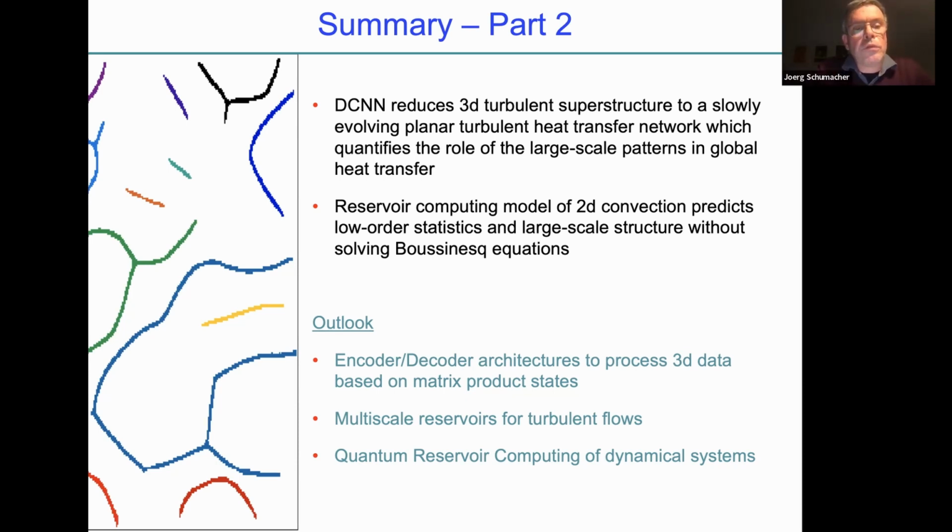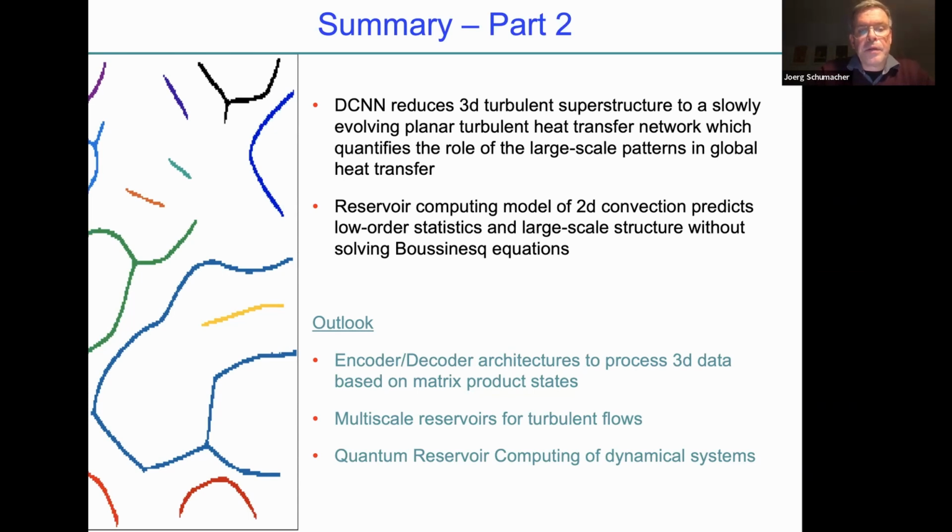And I have shown you in the last part of the second part that the reservoir computing model and its application to several two-dimensional convection problems is able to predict the low-order statistics in such a system, and also the large-scale dynamical evolution in the flow.